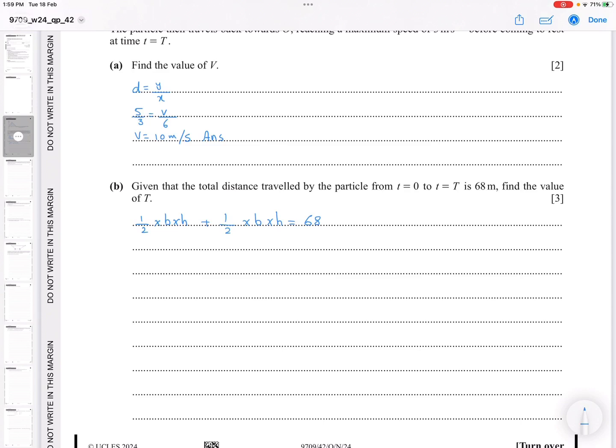So now place the values. 1 over 2 into base: in our first triangle our base is 10 and our height is the velocity, which we have already found out in the previous part, that is 10 also, plus 1 over 2 into, in the second triangle which is below the x-axis, our base is capital T minus 10.